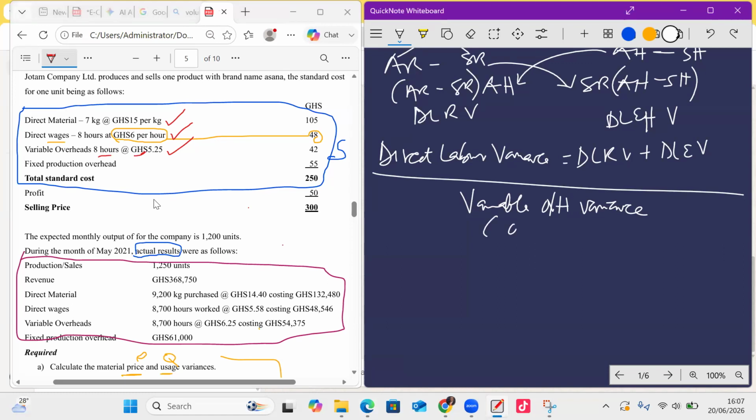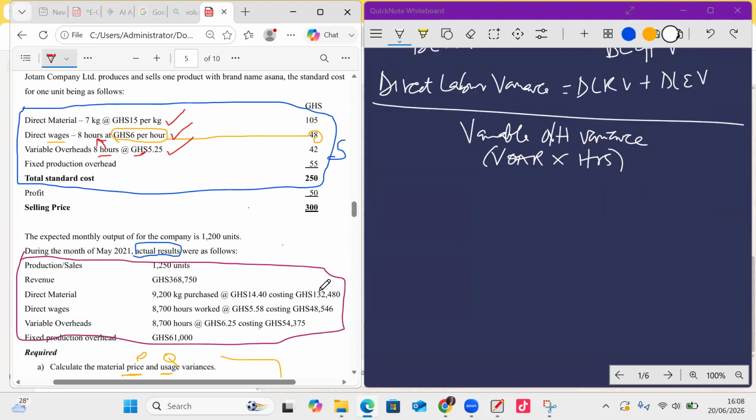We will say it is an OAR, overhead absorption rate. But there are two types, the fixed and the variable. There is a variable overhead absorption rate times hours. The hours here is the same hours as for the labor. Is it true? Yeah.